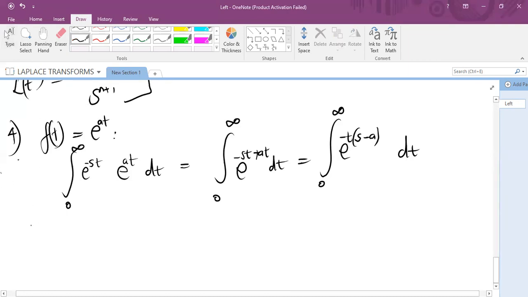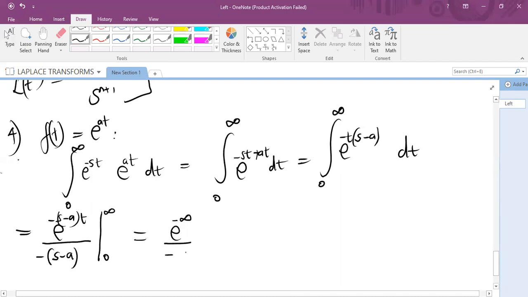Now, integrating the exponential function there, we will have e^(-(s-a)t) over -(s-a), and then we are integrating from 0 to infinity, replacing the ranges. Replacing infinity here, we will obviously have e^(-infinity) over -(s-a), minus e^(-0) over -(s-a).